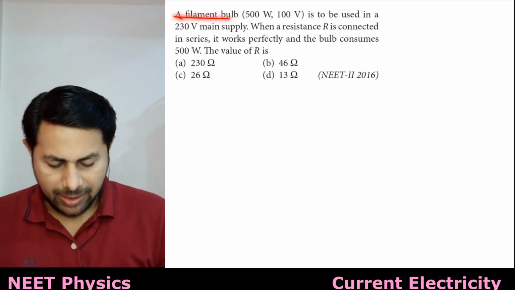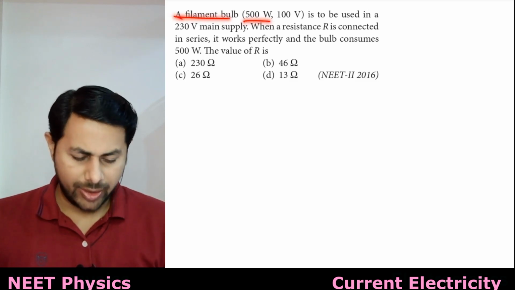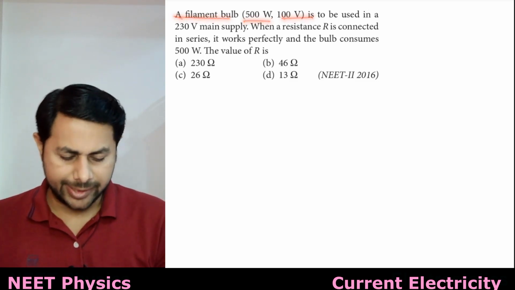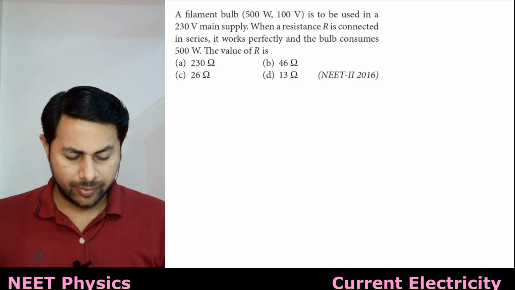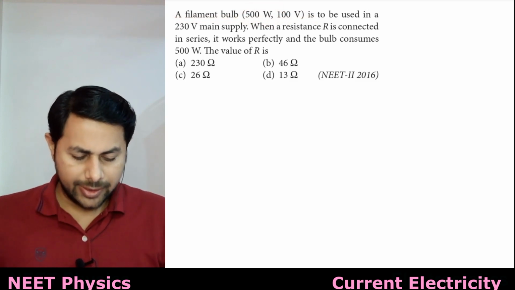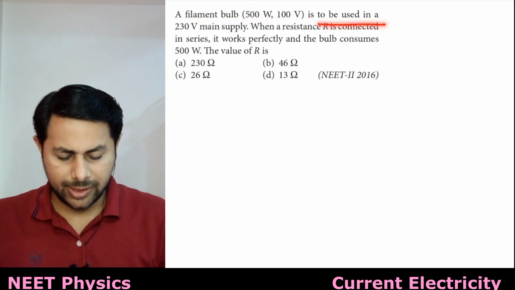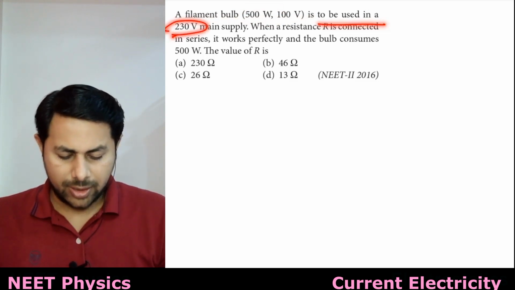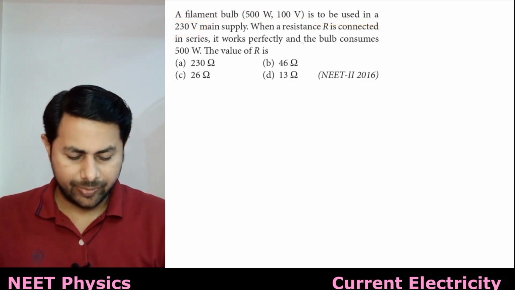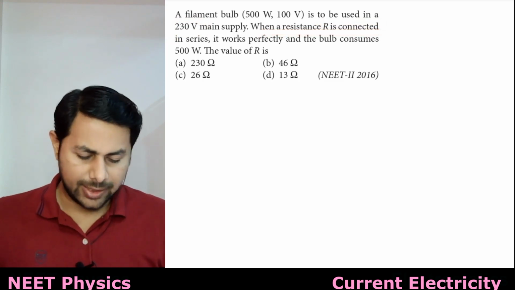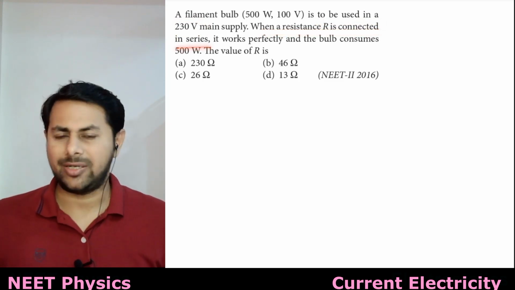Okay. A filament bulb of 500 watt, 100 volt, means its power is 500 watt, and it needs a potential difference of 100 volt, is to be used in a 230 volt mains supply. When a resistance R is connected in series, it works perfectly.